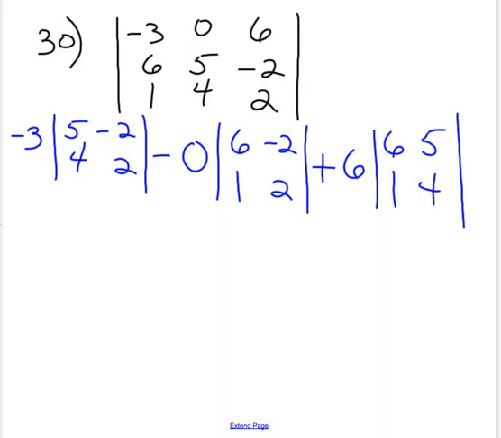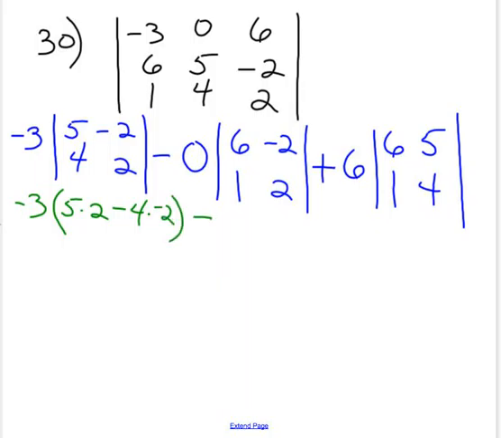I now have my expansion by minors set up as scalar multiplication times a 2x2 determinant, like we did in the previous problem. So I have to perform all of that 2x2 determinant work, which means I'm going to take my -3 in order to find this determinant. 5 times 2 minus 4 times -2.